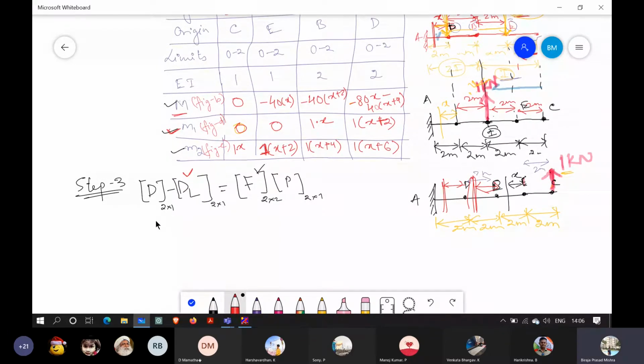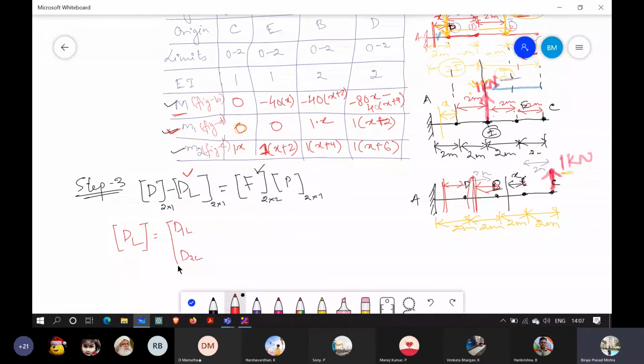So all of you please keep your calculators ready because we now need to do the integration. So this DL will be D1L, D2L, because the degree of static indeterminacy is 2.